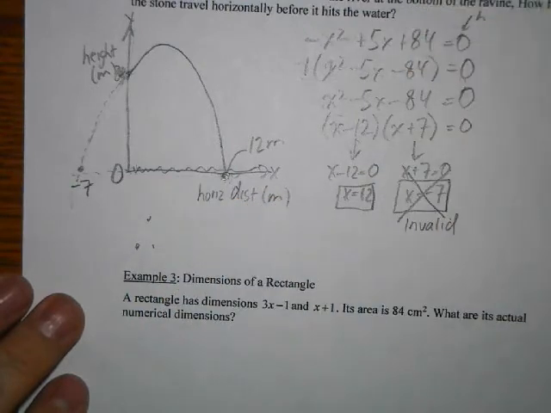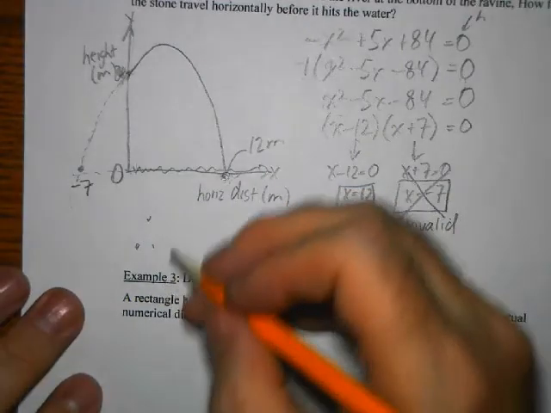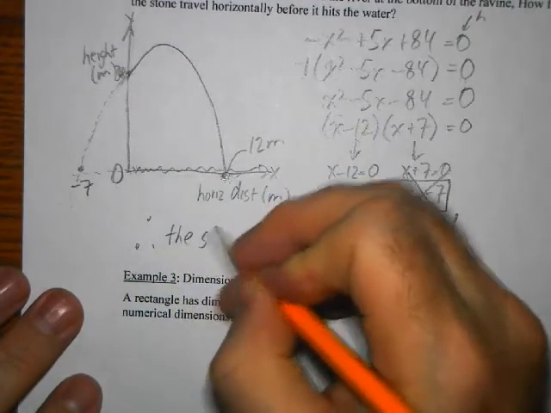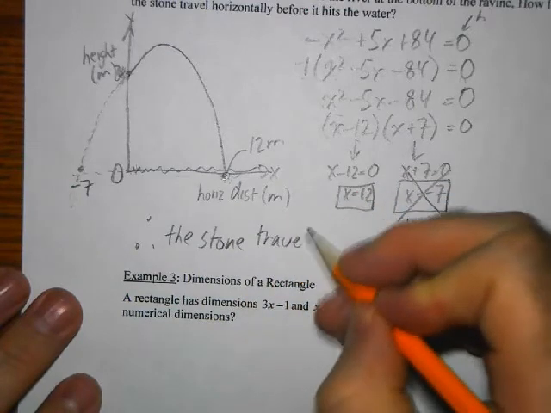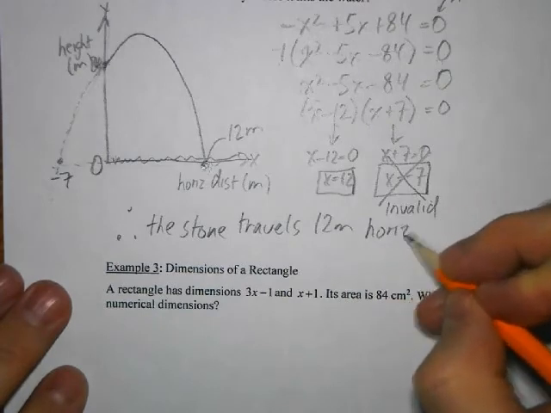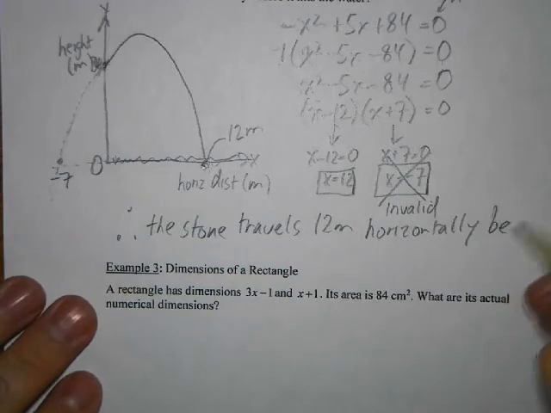So since this is a word question, it deserves a word. So just read the question. How far does it travel horizontally before it hits the water? And then turn that question into an answer. Therefore, the stone travels 12 meters horizontally before it hits the water.